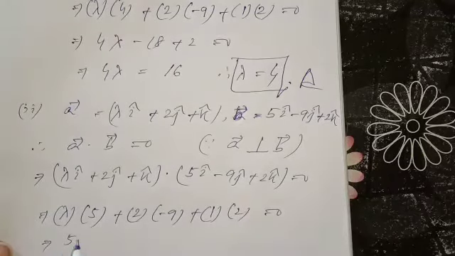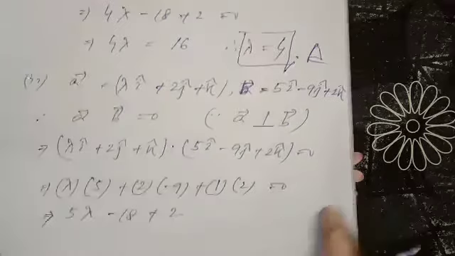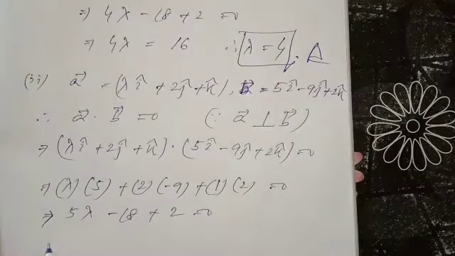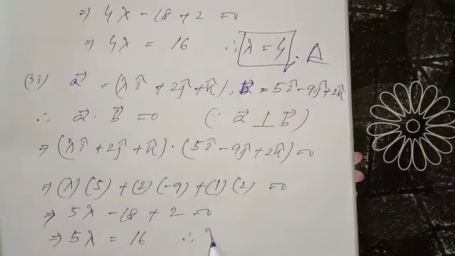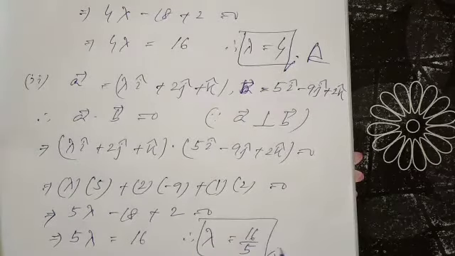Next step it will be 5λ − 18 + 2 = 0. That means 5λ is equal to 16. Therefore λ is equal to 16 by 5. The second part answer is completed.